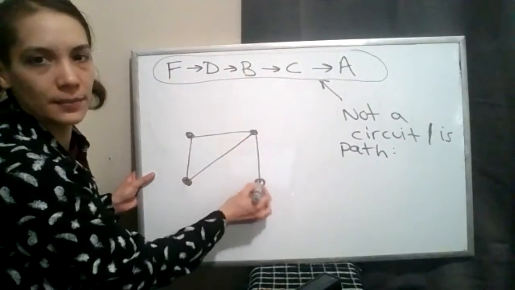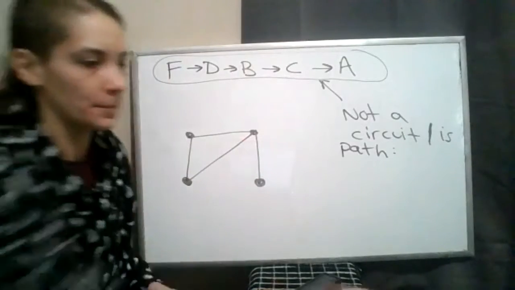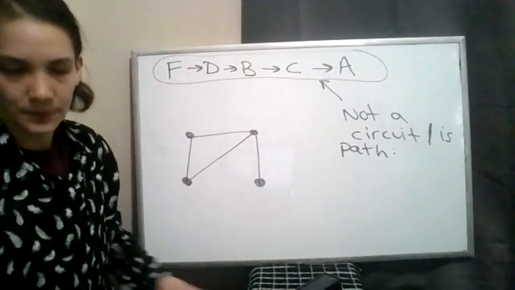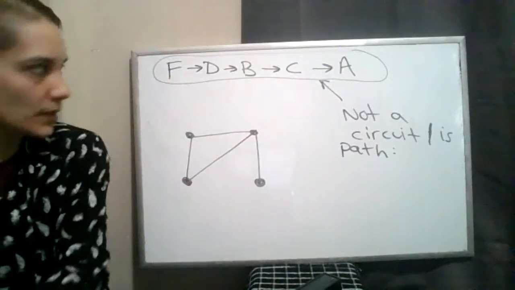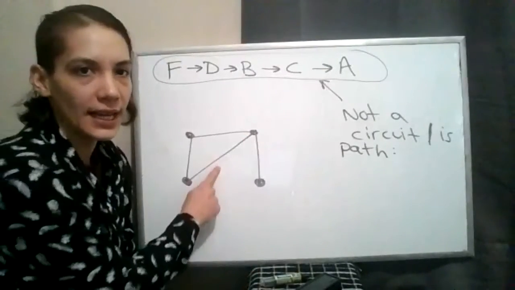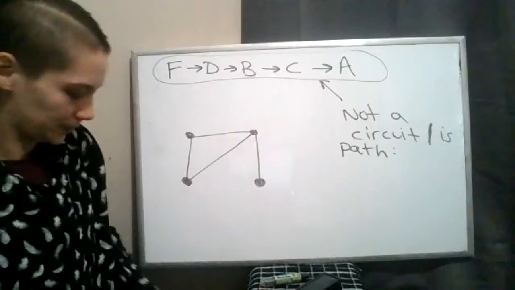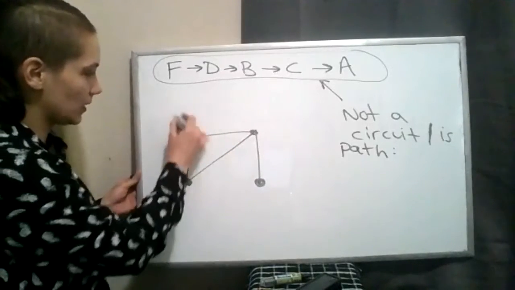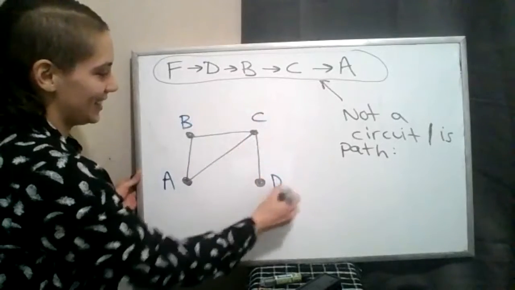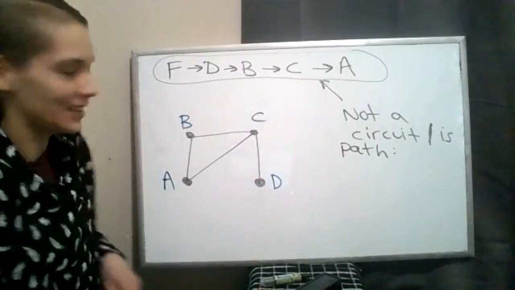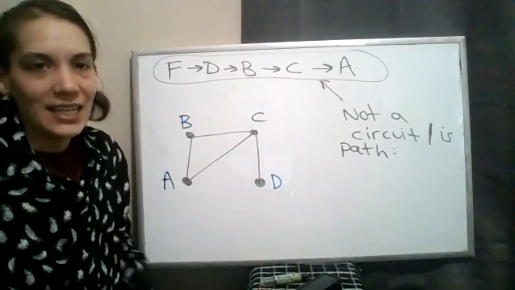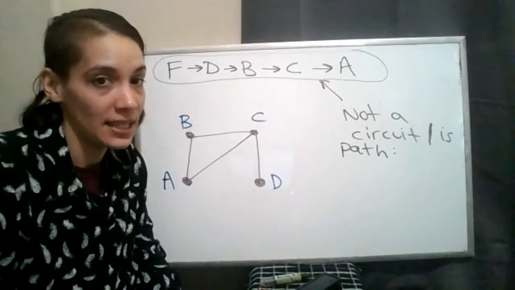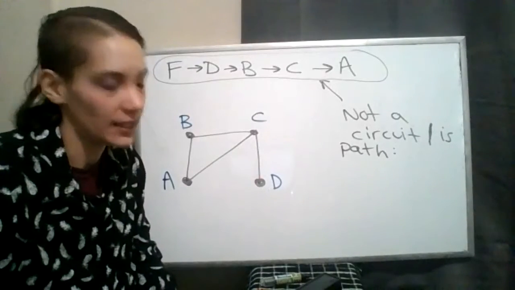And there's a vertex. They are labeled A, B, C, D. And we want to find a walk that starts at A and ends at D and visits every edge at least once.